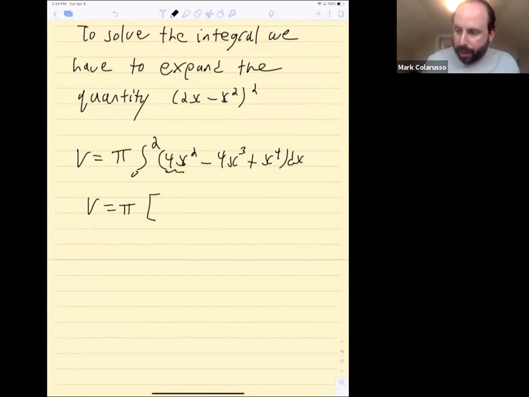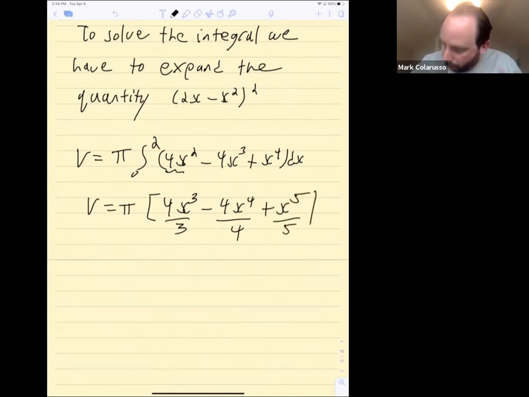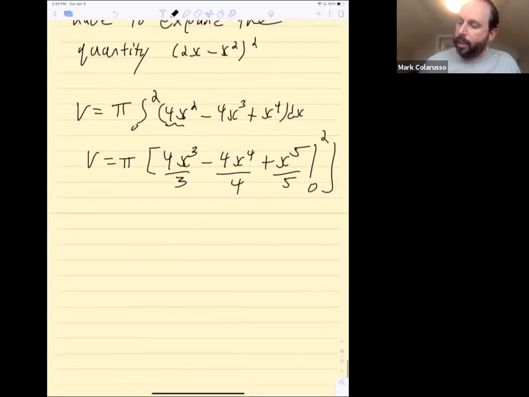So first I compute the antiderivative of 4x squared, which is 4 times the antiderivative of x squared, so it's 4x cubed over 3. And this one is 4x to the fourth over 4. And this guy here is the antiderivative of x to the fourth, which is x to the 5 over 5. And all of this is evaluated at 2, and then we subtract the result at 0.